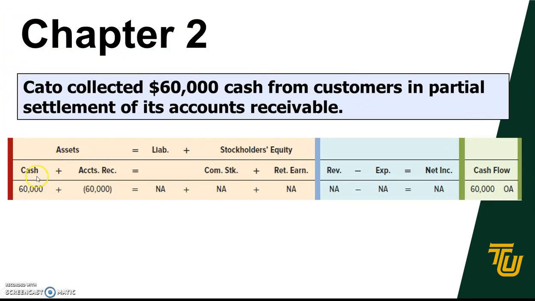Again, we're seeing our cash account increasing and our accounts receivable account decreasing. These two together make a zero. Zero on the left, zero on the right. Our accounting equation is in balance. We're good to go there. Also notice we're dealing with our customers, so this statement of cash flows impact, $60,000, relates to our operating activities.